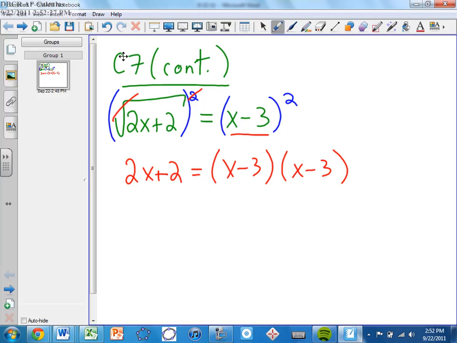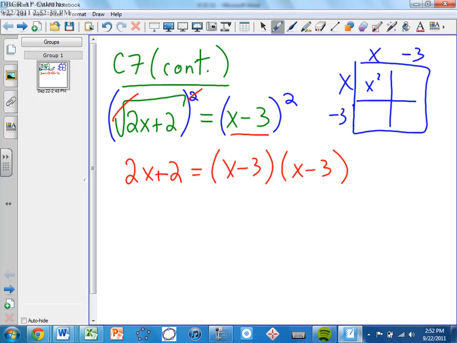But I'm just going to show it on the video so we can see. So if you FOIL, you should get the same thing that's right here.